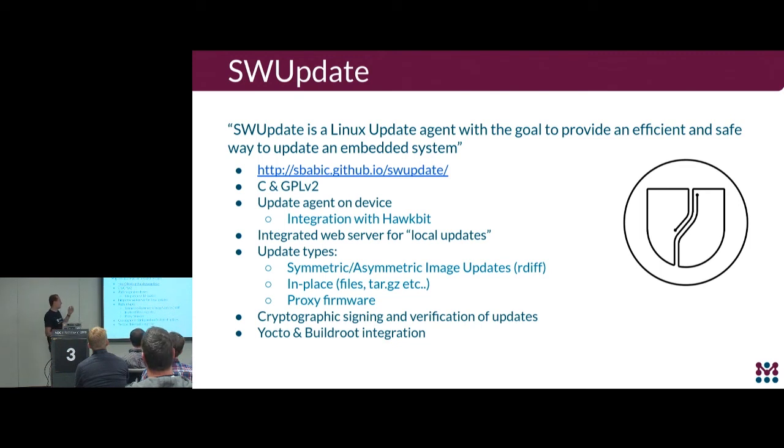As I said, this is only the client side of things, but it works with update types like symmetric or asymmetric image-based updates. You can also work with deltas, using RDIFF for example. You can do in-place updates as well, so it has all these kinds of features.